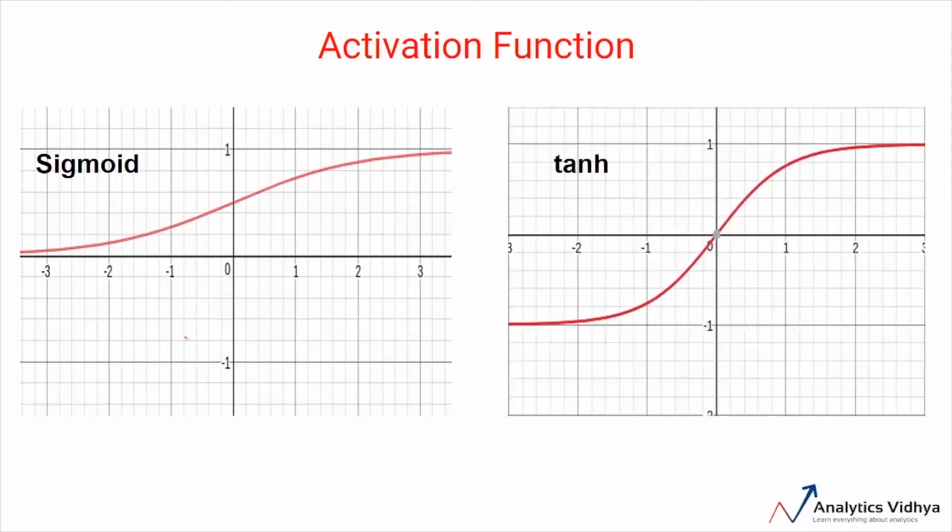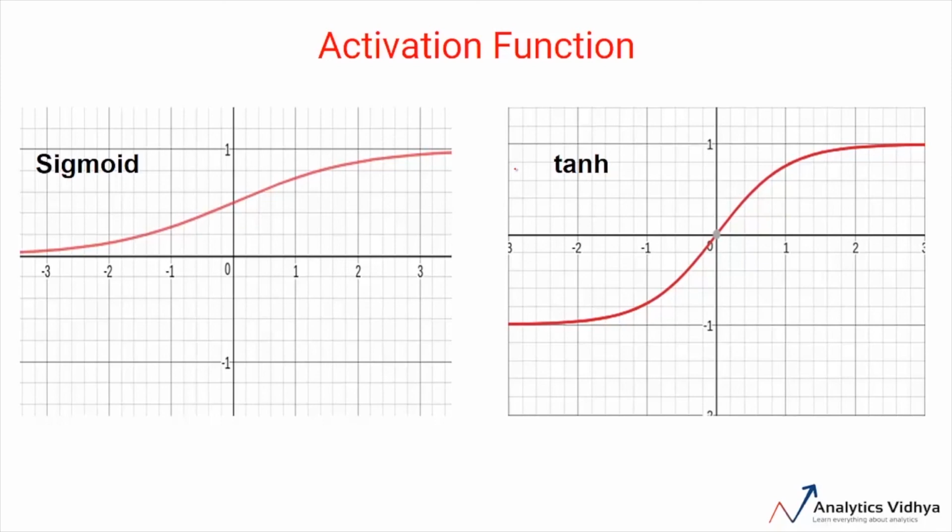Whereas tanh restricts it to a range between minus 1 and 1. So tanh looks very similar to the shape of sigmoid, but it restricts the range between minus 1 and 1 in comparison to sigmoid, which restricts to between 0 and 1. Different activation functions perform differently on different data distributions. So sometimes you have to try and check different activation functions and find out which works better for a particular problem. So this was all about activation functions.